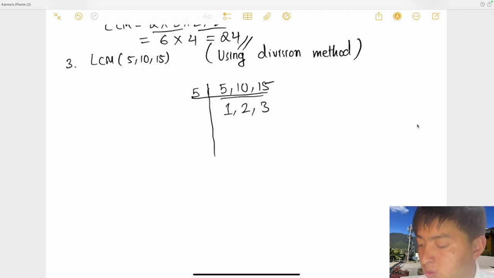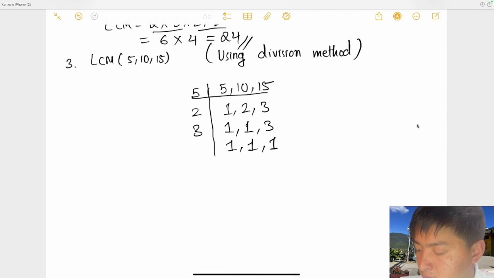Now at this point, you'll see that there is no number that divides all these numbers, so you just divide one of the numbers by itself. So I'll divide 2 by itself and leave 1 here, 1 and 3, and then now to make 3 into 1, you divide 3 by 3, keeping 1 here, 1 here, and 1.